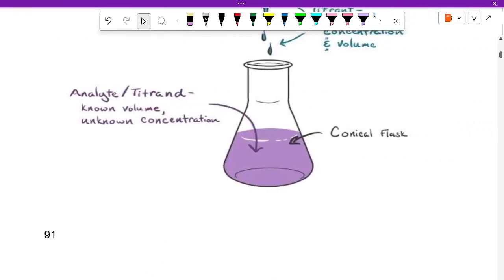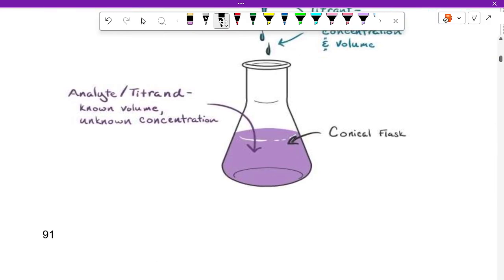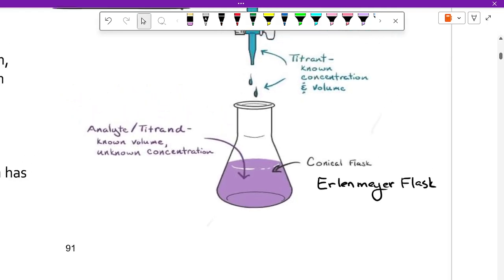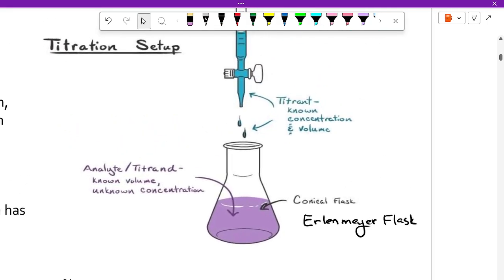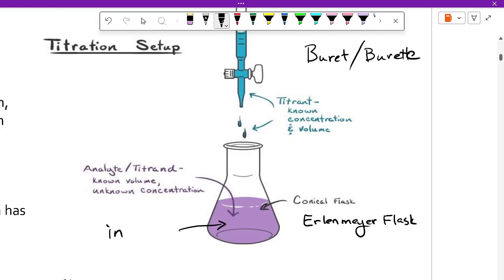Okay, and we have, of course, our conical flask. What's the other name for a conical flask? Erlenmeyer flask. What's that big long tube called? Burette. There are two spellings for burette, E-T or E-T-T-E. It does not matter. And usually also in here goes an indicator.